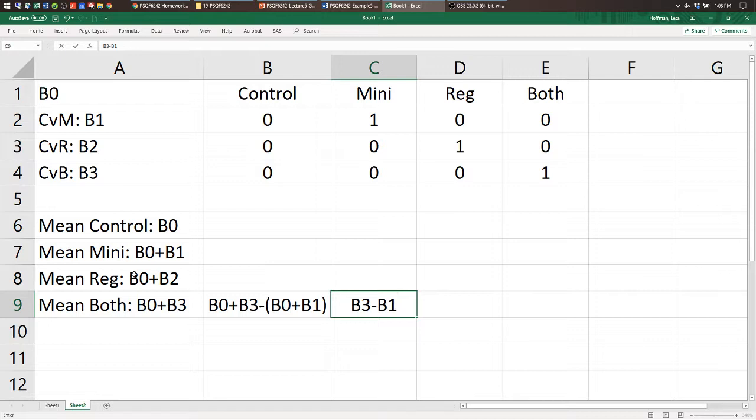The mean for both is this part. If I want the difference of the mean for both and the mean for mini, that's subtraction. The mean for mini is this thing in parentheses. Please excuse my dear Aunt Sally, so I got it wrong. Minus 1 times beta 0 cancels out the beta 0s, and then I had beta 3 minus beta 1.